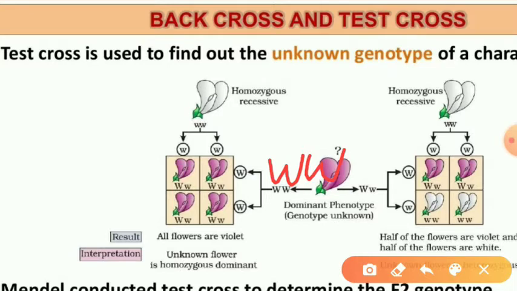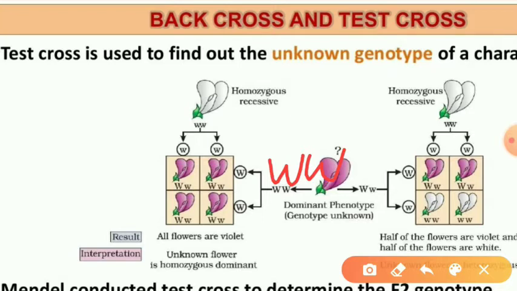That means capital W represents violet color, and the recessive character already given here is small w.